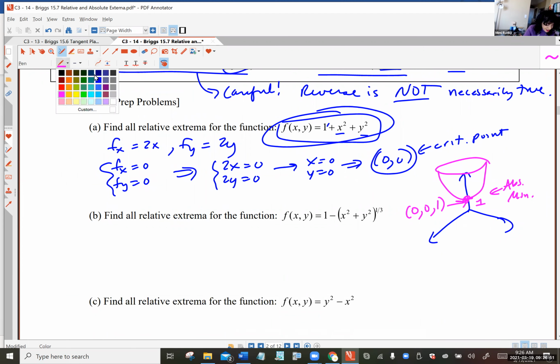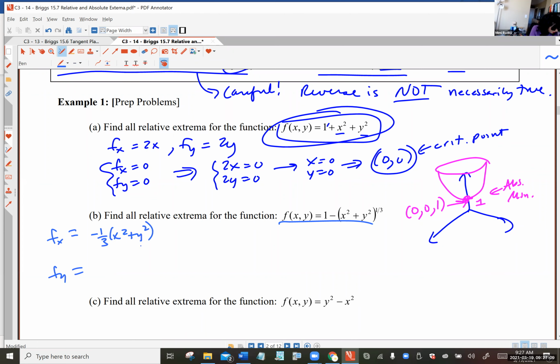Okay, easy problem. Let's do another little problem here. f(x,y) equals 1 minus the quantity x squared plus y squared to the 1/3 power. I'm going to use the chain rule here real quick to get these partials. Negative 1/3 the quantity x squared plus y squared to the 1/3 minus 1, which is negative 2/3, times the derivative of x squared plus y squared with respect to x.